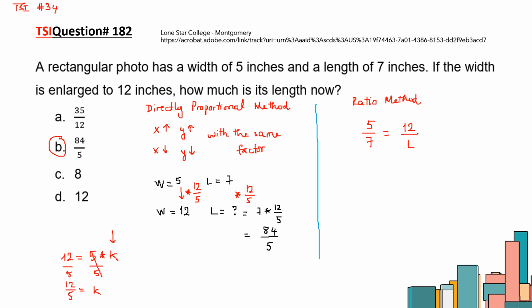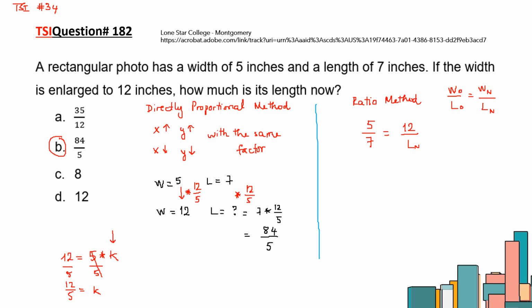The ratio of the width to the length never changes. Let's say this is the old one, and the new one is Wn over Ln, where Ln is the new length.